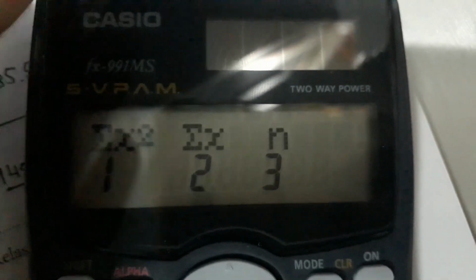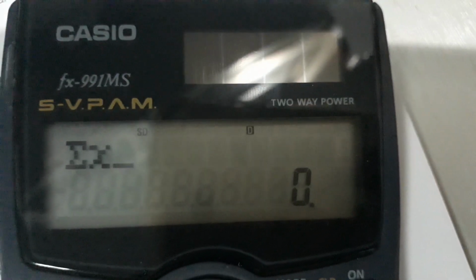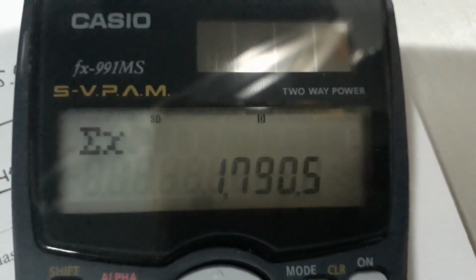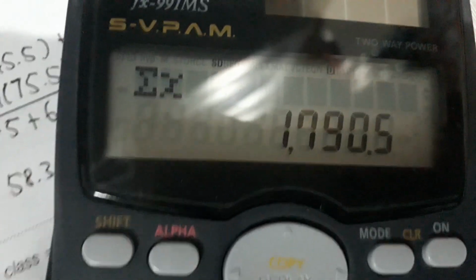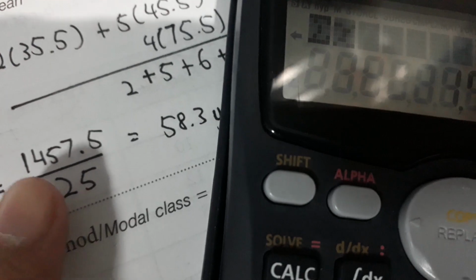From here you get these 3 symbols, you press number 2, and then you press equal. It is 1790.5, but as I told you, I accidentally made a mistake earlier. It's supposed to be 1457.5, but yeah, it's working.